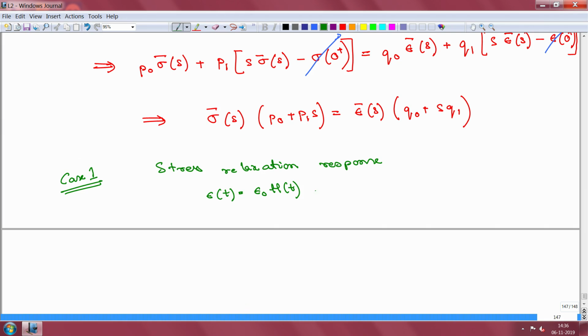So, if you take the Laplace of this, we know that epsilon bar s is equal to epsilon naught by s. Now, we can replace. Here we did not know what epsilon bar s was, and now we have a functional form for that. So, what we will do is just replace it.